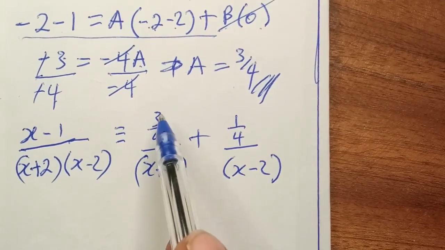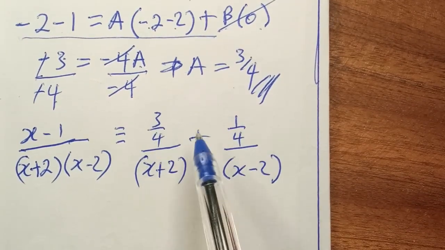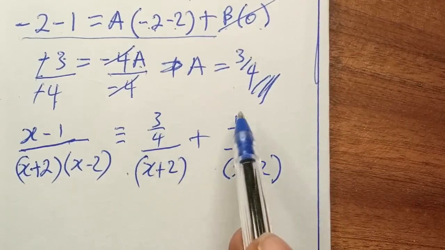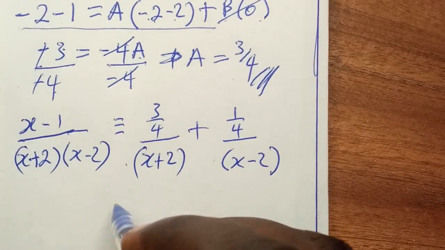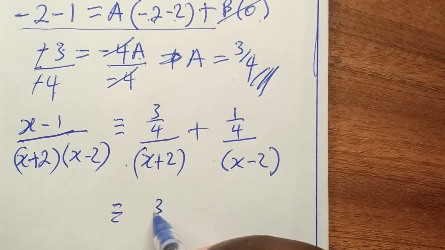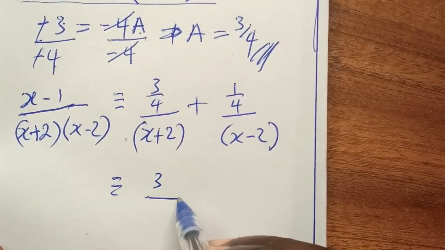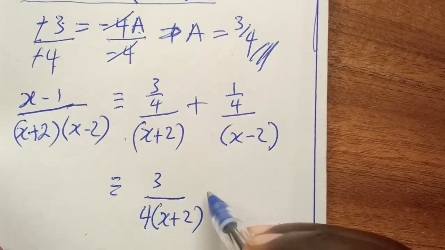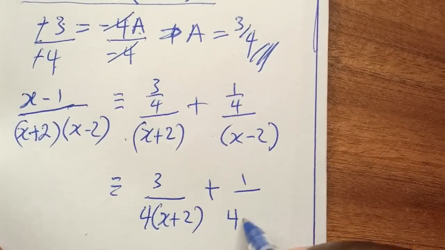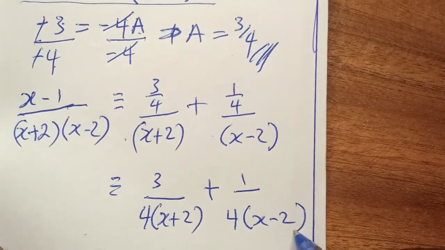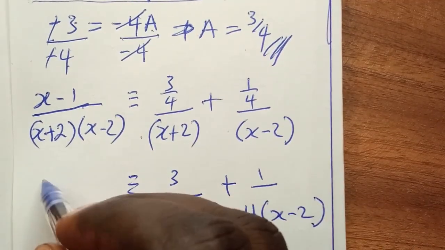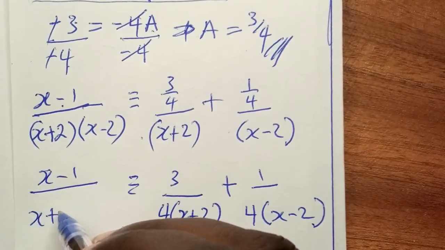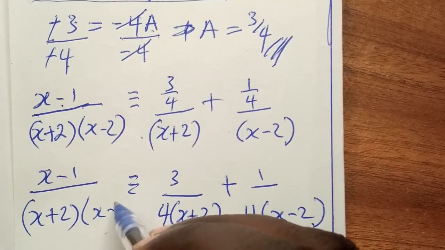But now these are fractions, one quarter and three quarters, so we bring the 4 down so that only 3 will be up there and 1 will be up there. So this can be rewritten as 3 over 4 into x plus 2 plus 1 over 4 into x minus 2, which is equal to x minus 1 all over x plus 2 into x minus 2.